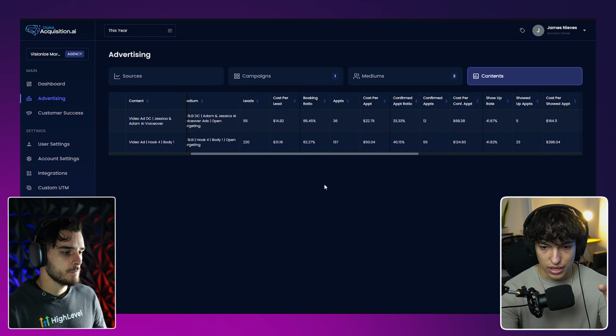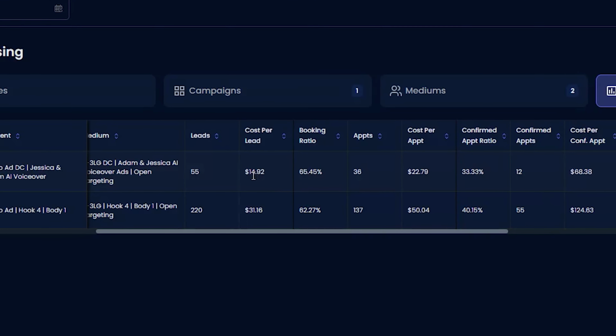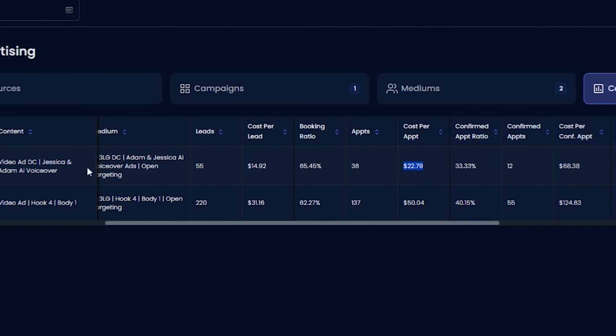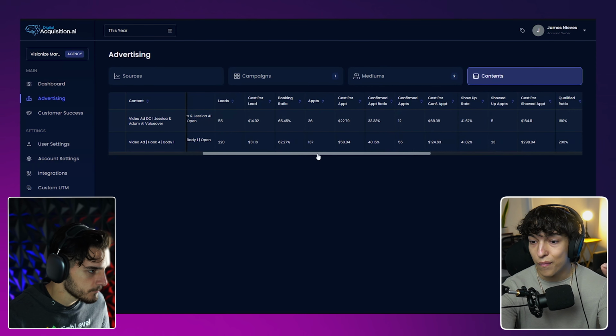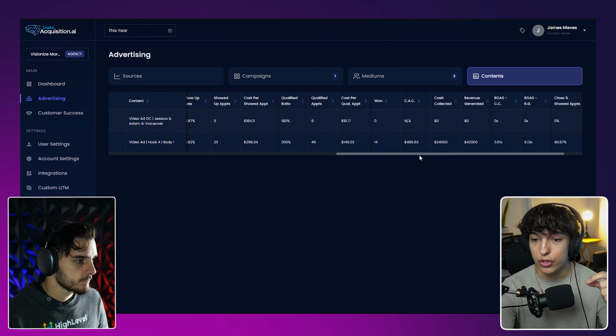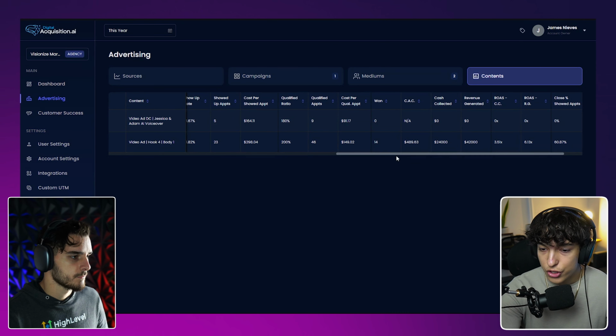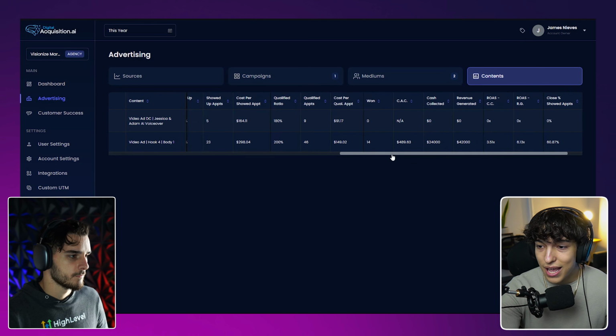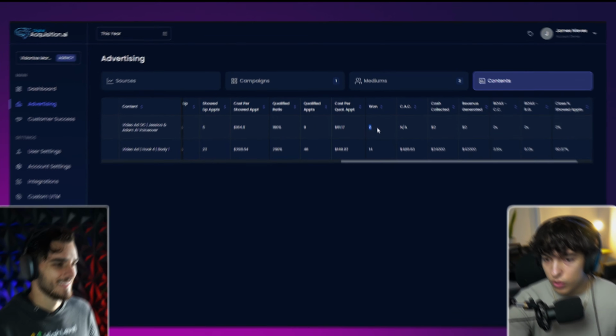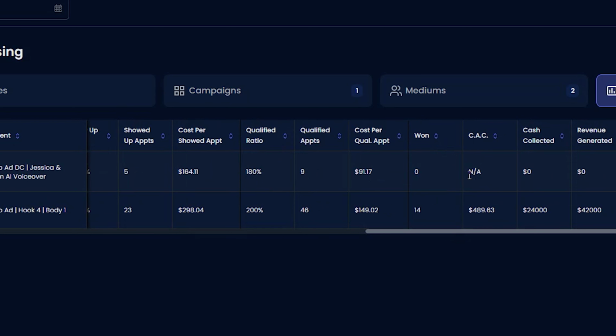So first thing to emphasize right here, if you're looking strictly off of cost per lead and cost per booked call, you would say, oh yeah, the AI ad, this is the one to scale. However, when we go over to the actual clients generated from each of those ads, the top one, the AI ad, got 0 clients, and off of $850 spent, I did not close a single deal, 0 cash collected.